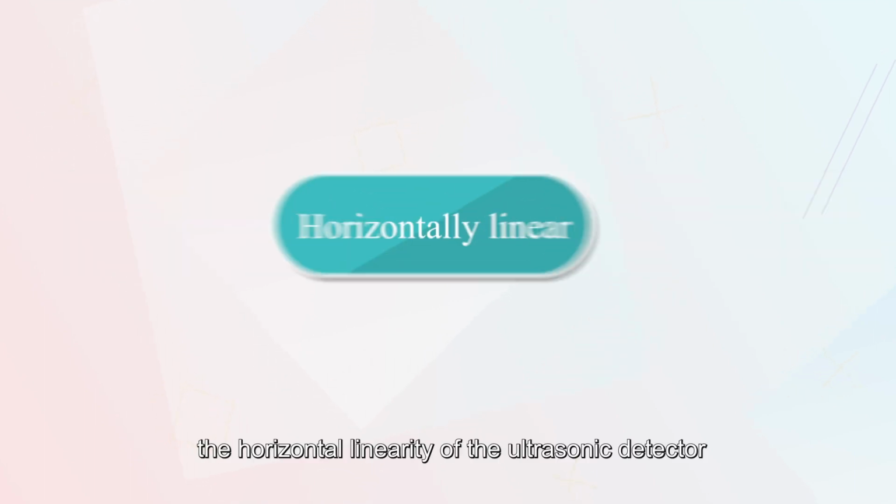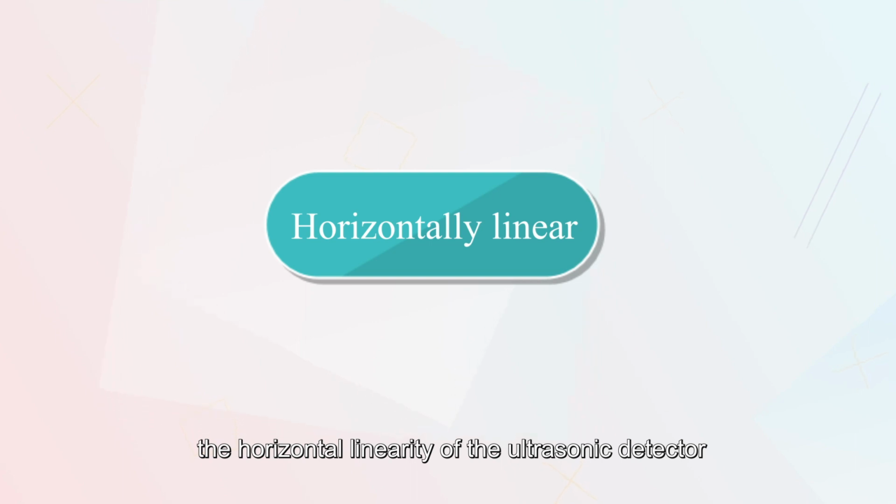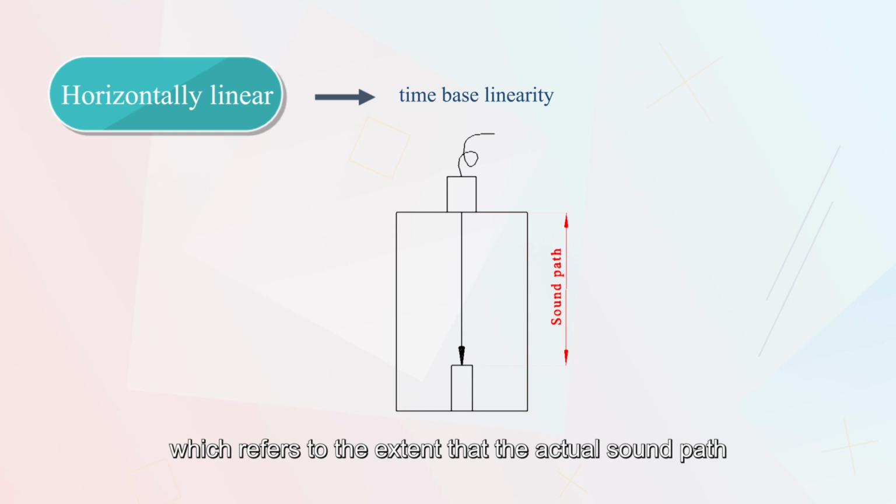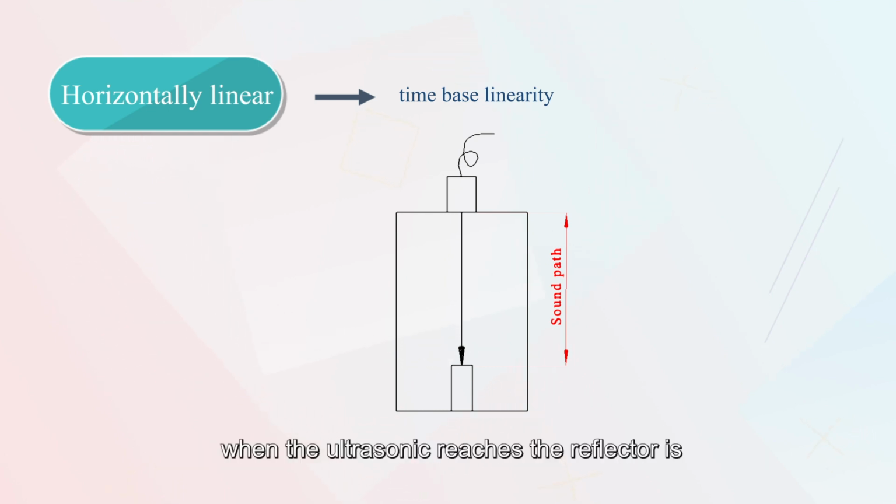First of all, the horizontal linearity of the ultrasonic detector, also called time-base linearity, refers to the extent to which the actual sound path when the ultrasonic wave reaches the reflector is in direct proportion to the horizontal scale value of its corresponding echo on the instrument oscilloscope screen.